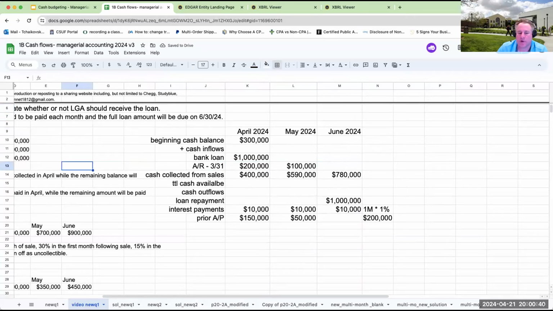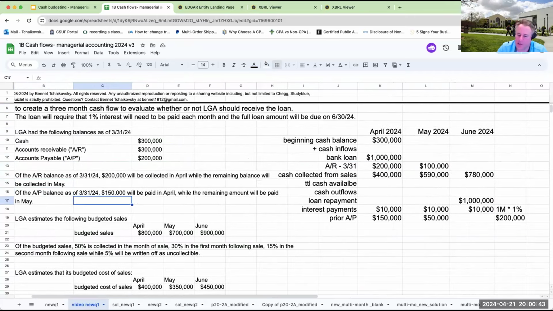So again, when I look at these numbers, budgeted sales is not the same as cash collected from sales. By the way, when you are working at a business and you take a credit card, that does not mean that money is going to go in your bank account tomorrow. It can take up to 30 days. So when you're looking at cash, it is extremely important you're mapping all this stuff out.